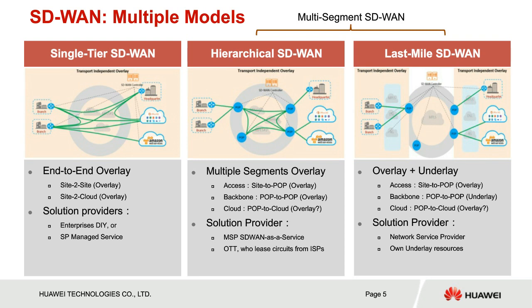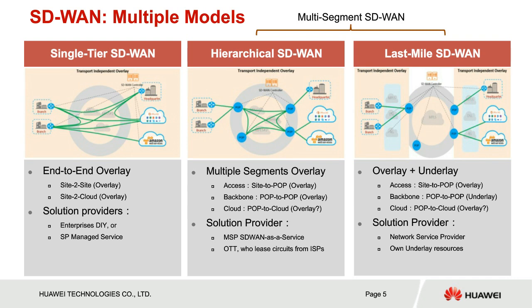On paper, it looks really good, and initially, a few years ago, SD-WAN was positioned as a lower cost alternative to the expensive VPN leased line. But as time goes on, people start to experiment with deployment, and they find out there are quite a few issues. It's almost like the old days of frame relay.